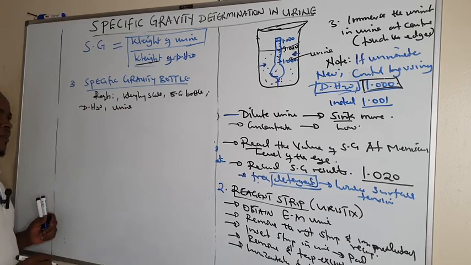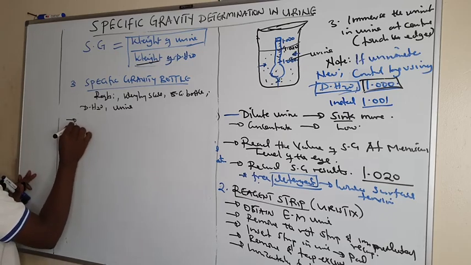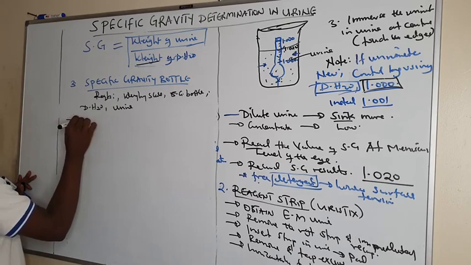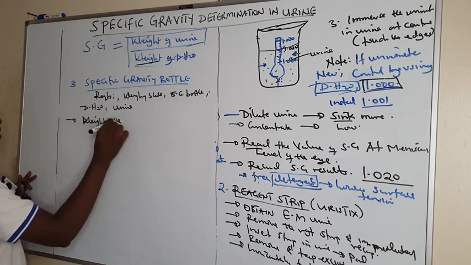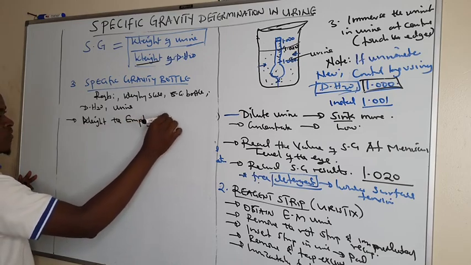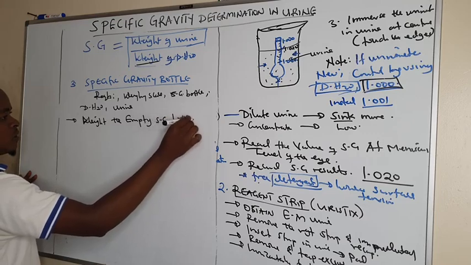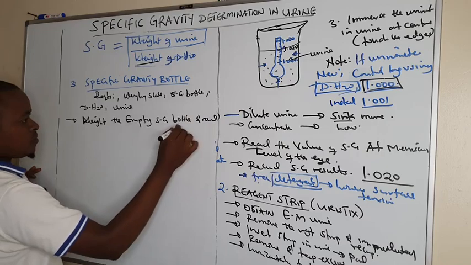So after obtaining this, what we do, we first weigh or measure the empty specific gravity bottle, and record in grams.